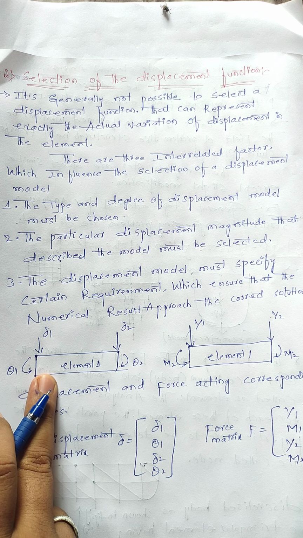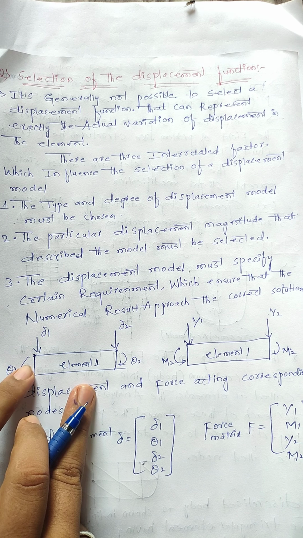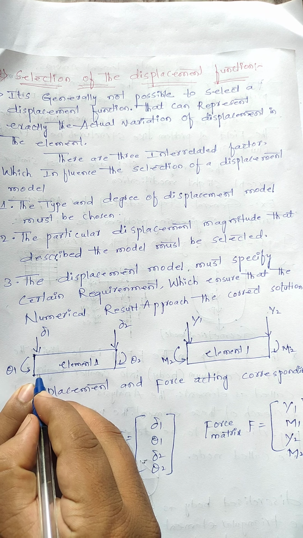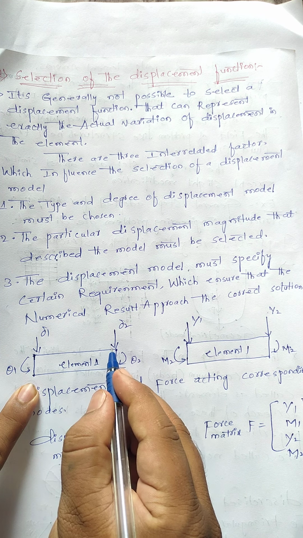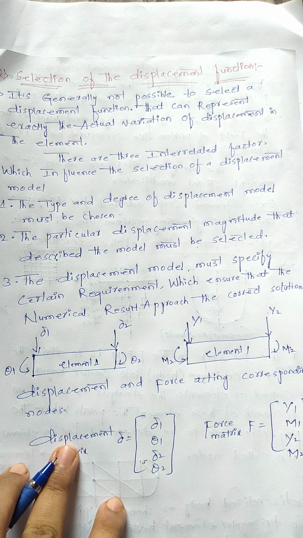And the degree of displacement model here is u1 v1 u2 v2 u3 v3 u4 v4, like this. Is it right? First of all, we have to know what the type is and what the degree of displacement model is that we need to choose.